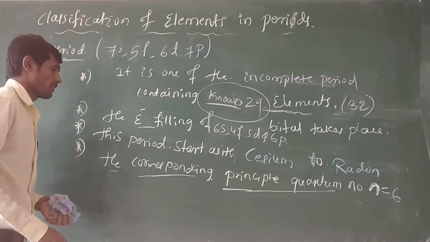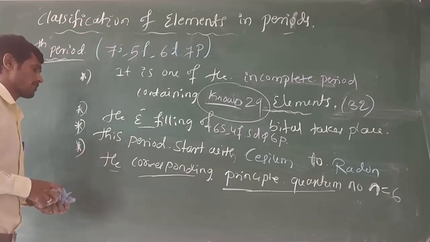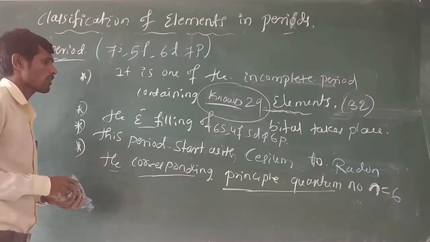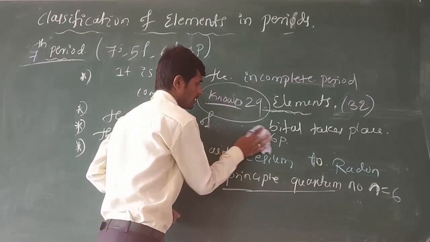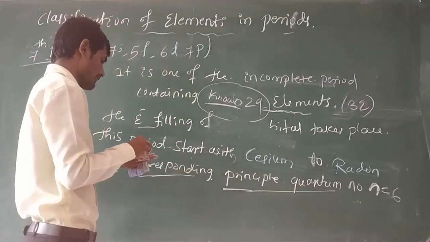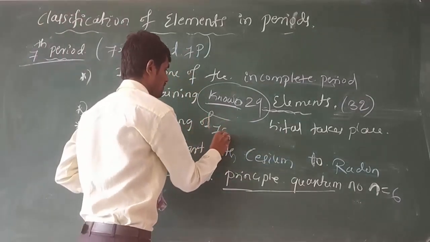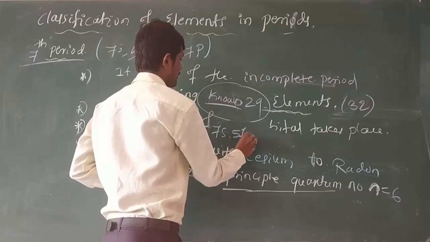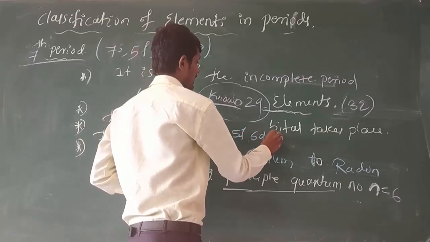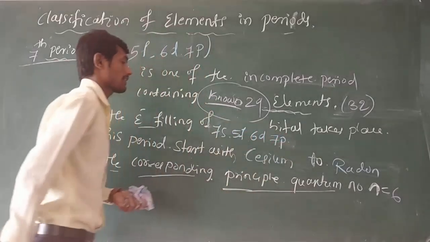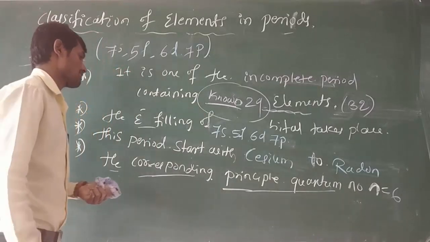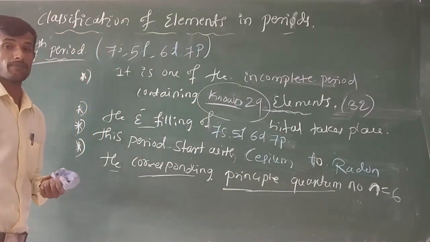And remember students, the electron filling of 7s, 5f, 6d and 7p orbitals takes place here, and it starts with francium.